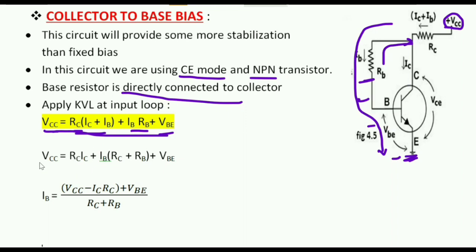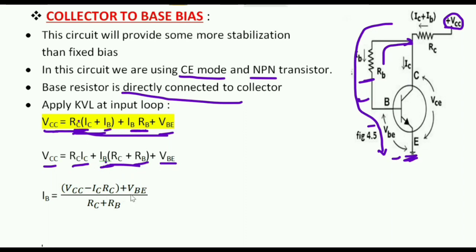Now let us simplify this as VCC equals ICRC plus IB into RC plus IB into RB, plus VBE. We have simplified this equation by taking IB common with RC and RB, as these two are constant values.